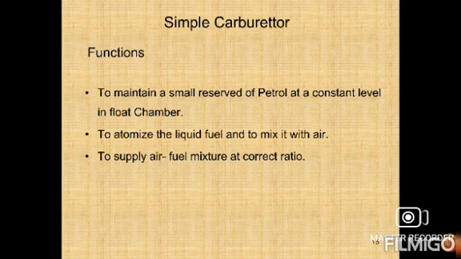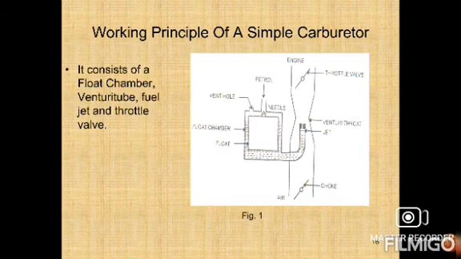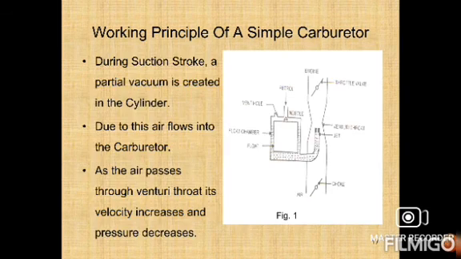It means some amount of petrol is maintained in the float chamber in the carburetor, to atomize the liquid fuel and to mix it with air. So the main function is to reserve the petrol, to atomize the liquid fuel and mix it with air, to supply the air-fuel mixture at a constant ratio, right? So this is the working of a simple carburetor.